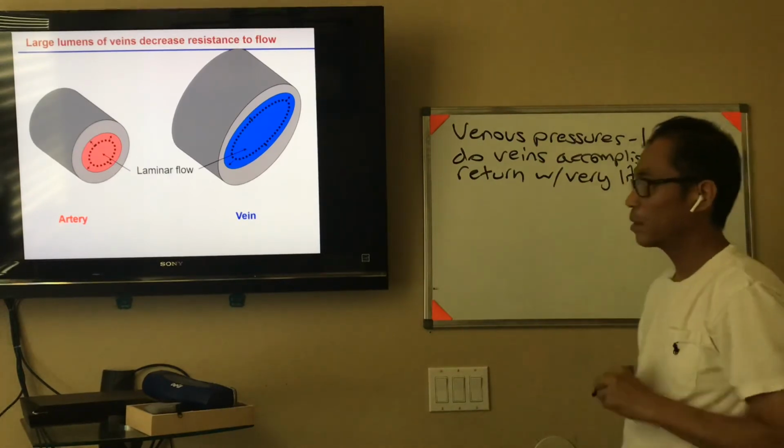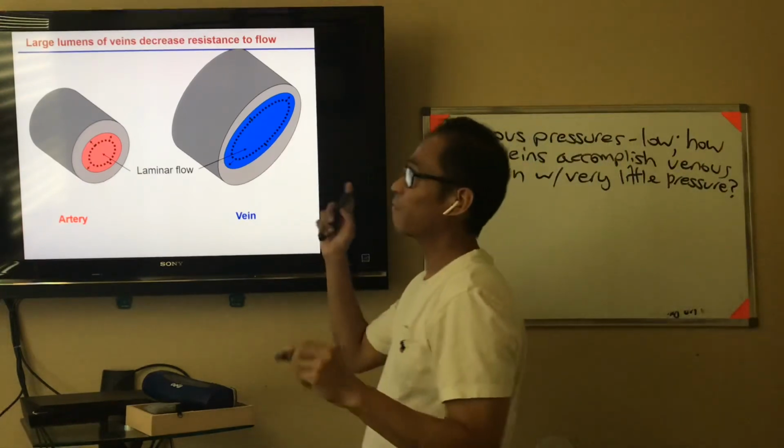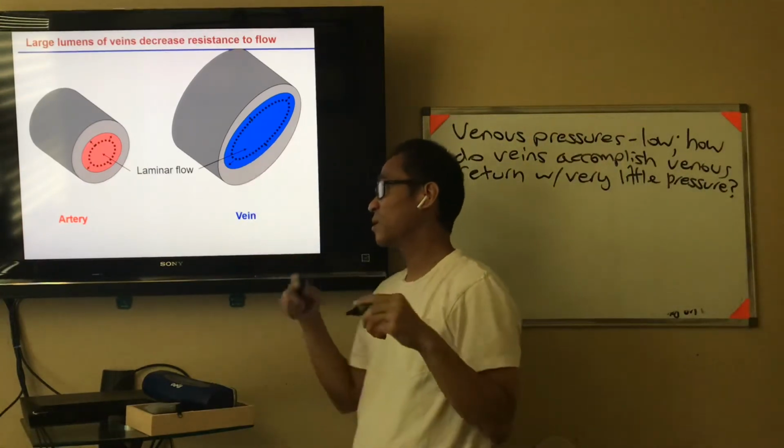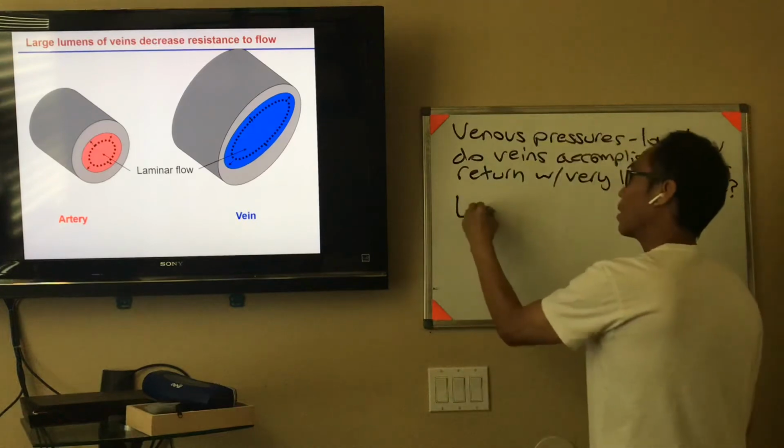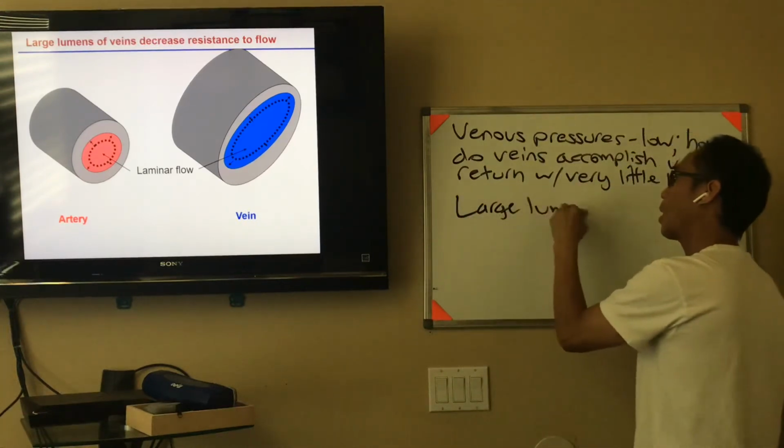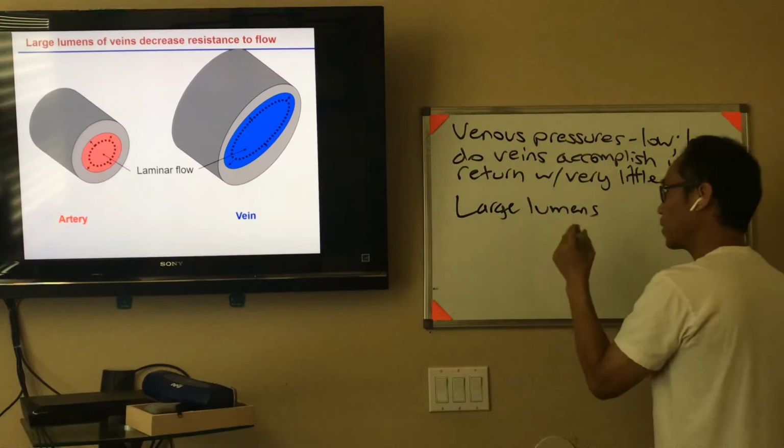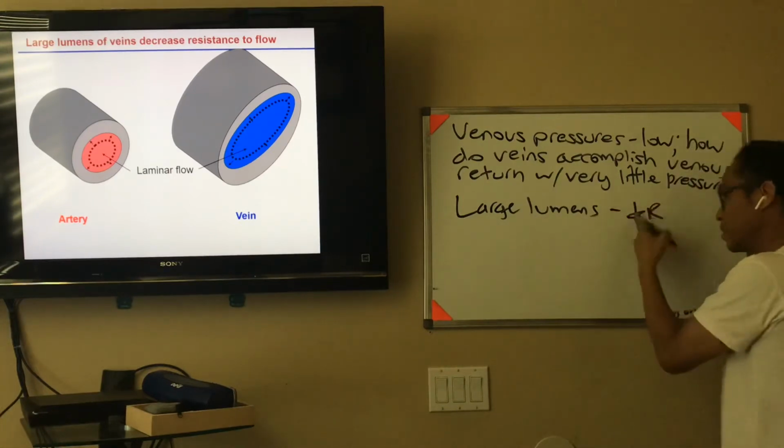That's the question here. Well, consider the fact how big they are. They have large lumens, so there's less resistance to blood flow. Larger than an artery, so you decrease resistance to blood flow.